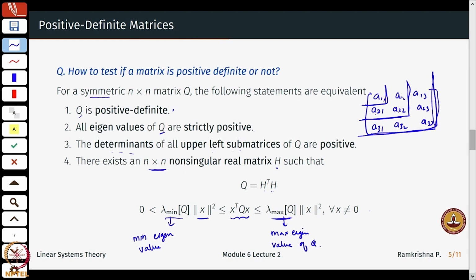This should again be easy to verify, and I will not do the proof of this. So this is what we will use in our stability proofs.